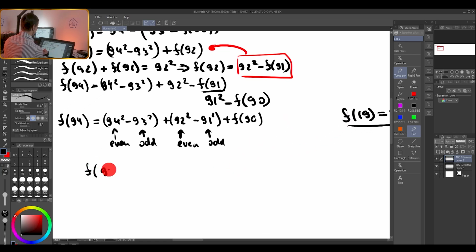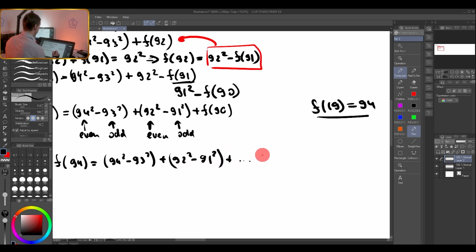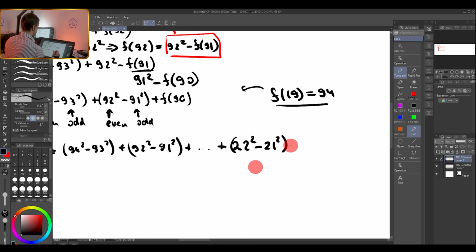So here we have f of 94. Let me just waste a little bit, like several seconds, to write this formula once again, just for everything to be super clear. So this difference, 92 squared minus 91 squared, and eventually plus and so on. When we approach 19 from the left side, what will we have here? We will have difference here like even minus odd. Let's go close. So 22 squared minus 21 squared will be a part of our story.